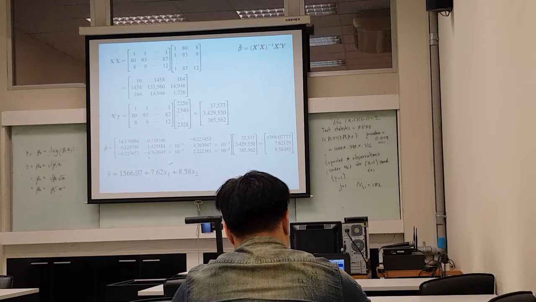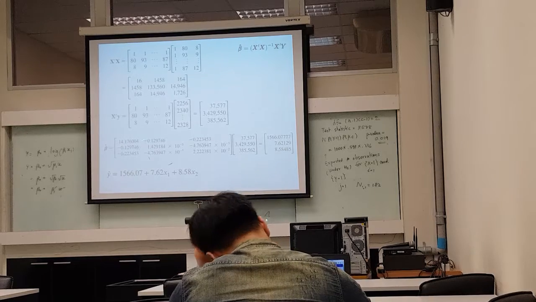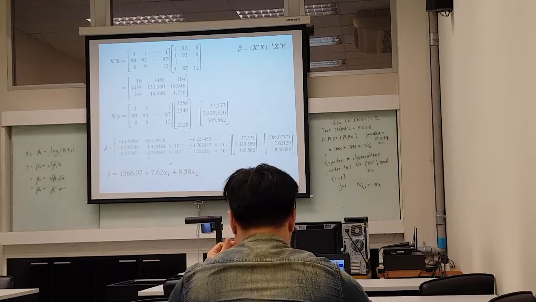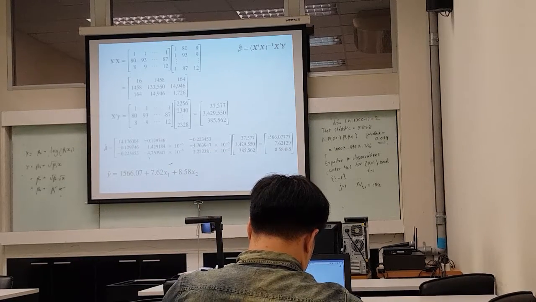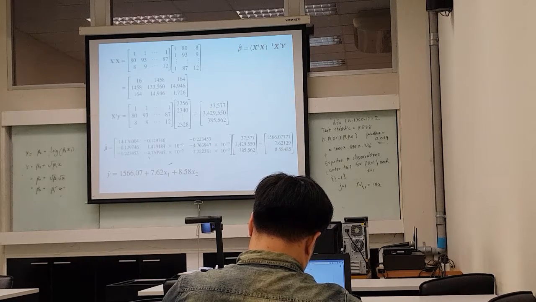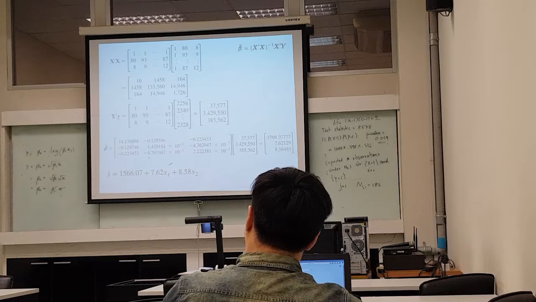So you invert this one using software or Excel or whatever you are familiar with, then multiply with this matrix, x transpose y, and you will get beta. This matrix is x transpose x inverse, this is x transpose y. You multiply these two matrices together, and you get the coefficients beta 0, beta 1, and beta 2.